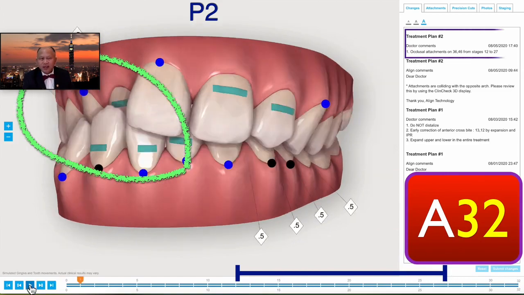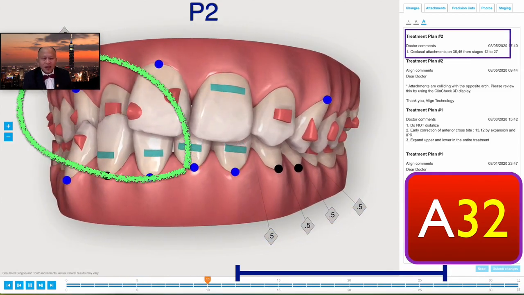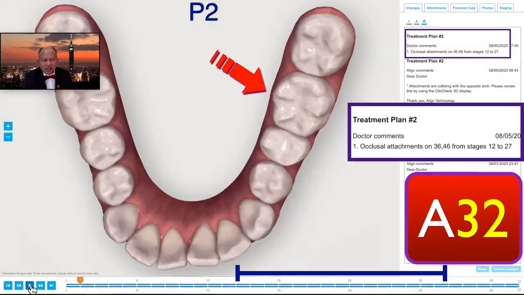So what we did here is I gave an instruction precisely saying: add occlusal attachment on 36, 46 from stage 12 to stage 27. Because that's the stage where we want to correct the anterior crossbite, and that's the stage where we need to raise the bite.